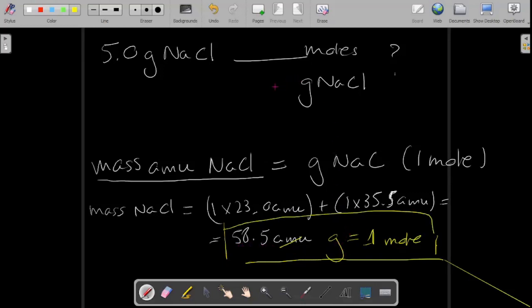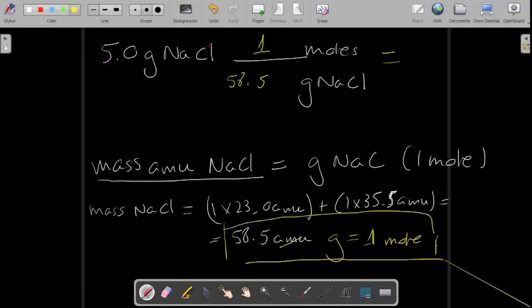So that's what we need for this. 1 mole is 58.5 grams. Let me erase this, and then I'm just going to finish the math here.